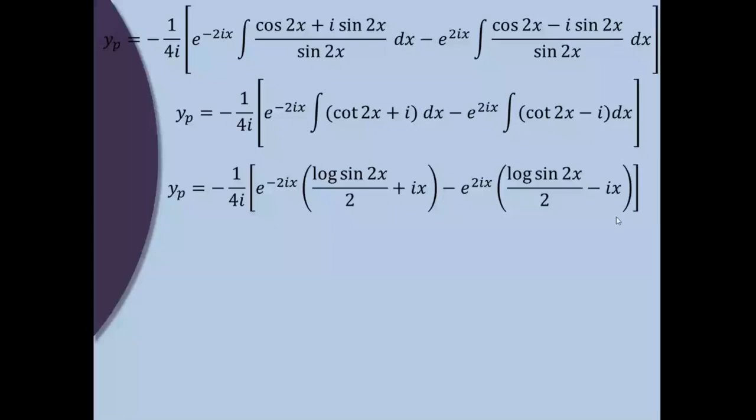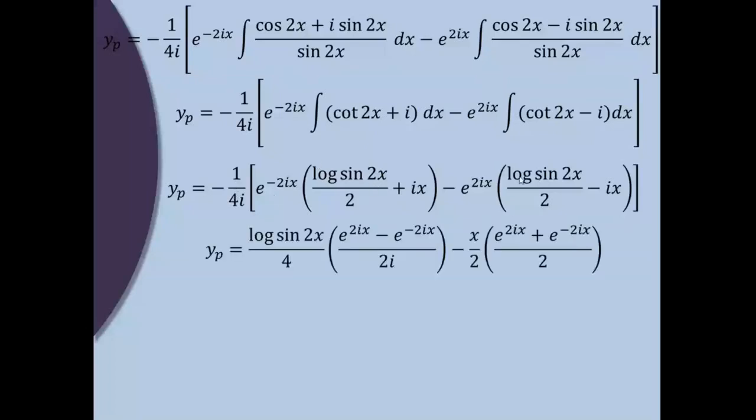Correct? So this is the answer. If you want, you can further simplify this answer so that the imaginary part can be removed. For doing that, collect these log terms together, collect the x terms together, take log sine 2x common, multiply i inside, multiply the minus sign inside, and take the log terms together.